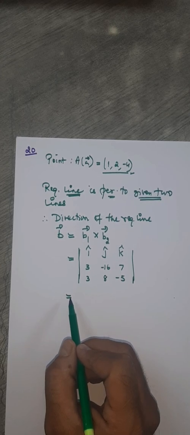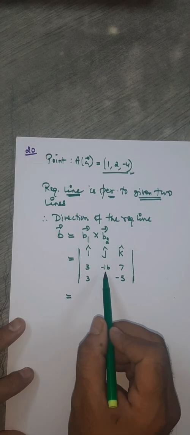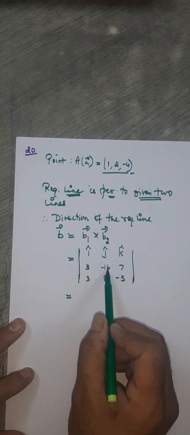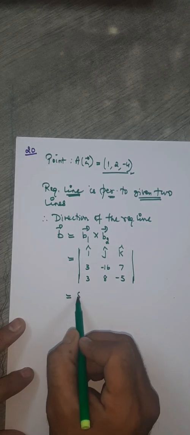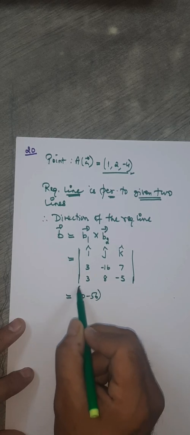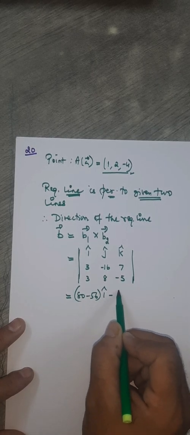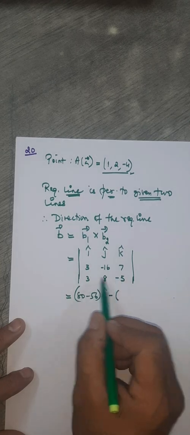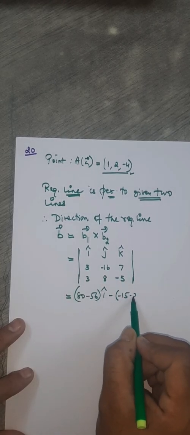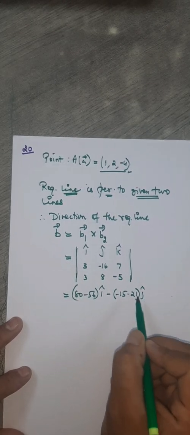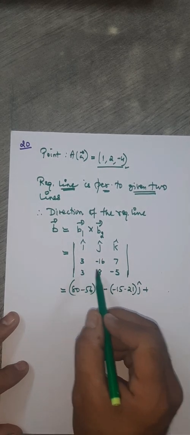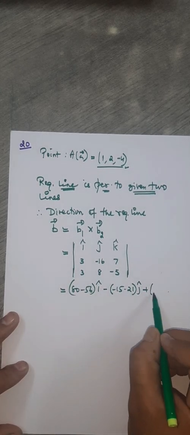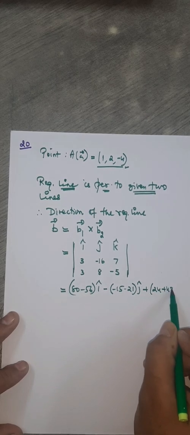So see the cross product here. What will we get here? 80 minus 56, let me write, 80 minus 56 i cap minus, this is minus 15 minus 21 j cap plus 24 plus 48 k cap.